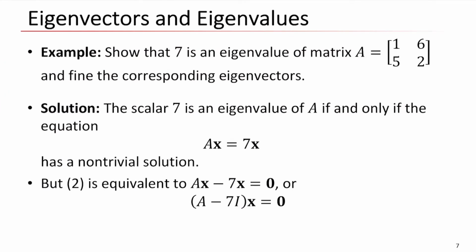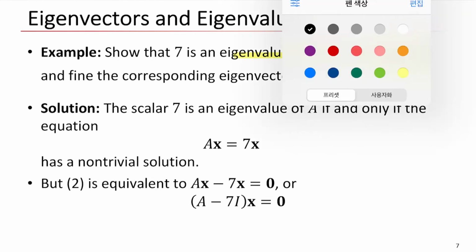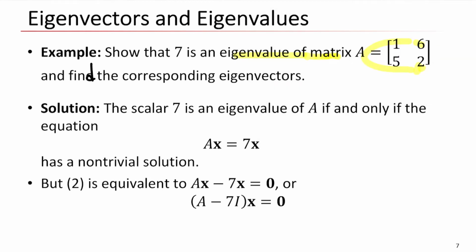Okay, let me show you an example. Show that 7 is an eigenvalue of the matrix A, something like this. Then the question is to find the corresponding eigenvector. First of all, the scalar 7 is an eigenvalue of A if and only if the equation AX equals 7X has a non-trivial solution.